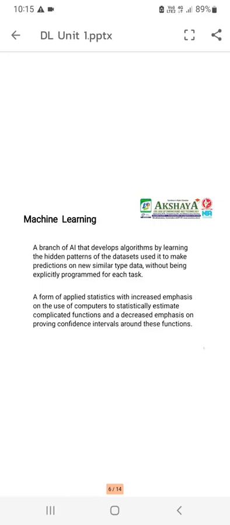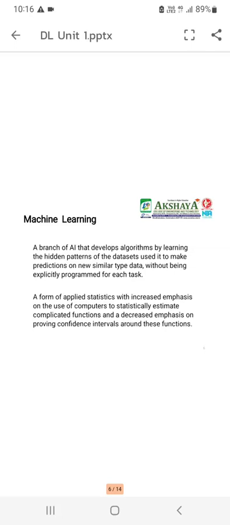Let's see what is machine learning, or recollect what is machine learning, what you have learned in the last semester before entering into deep learning. Machine learning is nothing but a branch of artificial intelligence that develops algorithms by learning the hidden patterns of the data sets used to make predictions on new similar type of data without being explicitly programmed for each and every task.